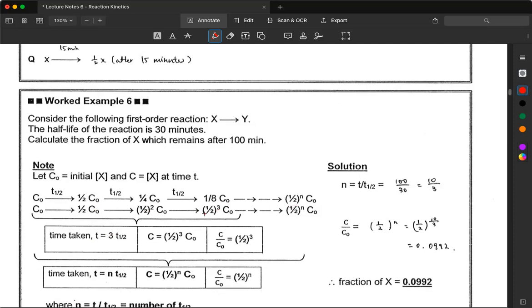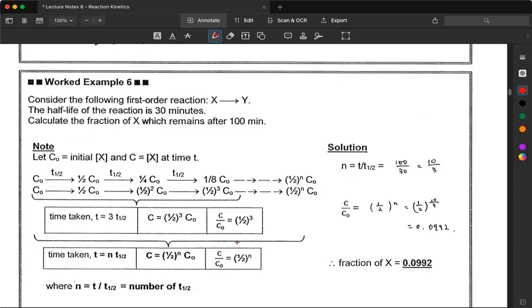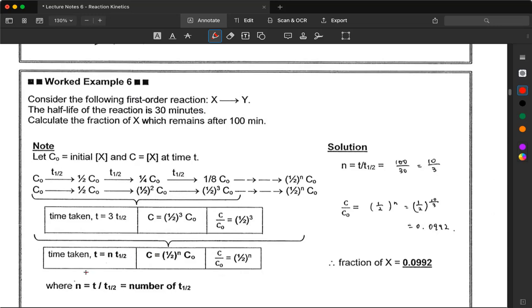You can see a pattern: 1/2 to the power of the number of half-lives. So C equals 1/2 to the power of 3 times C0. And to calculate, you can use this. So this is the understanding.